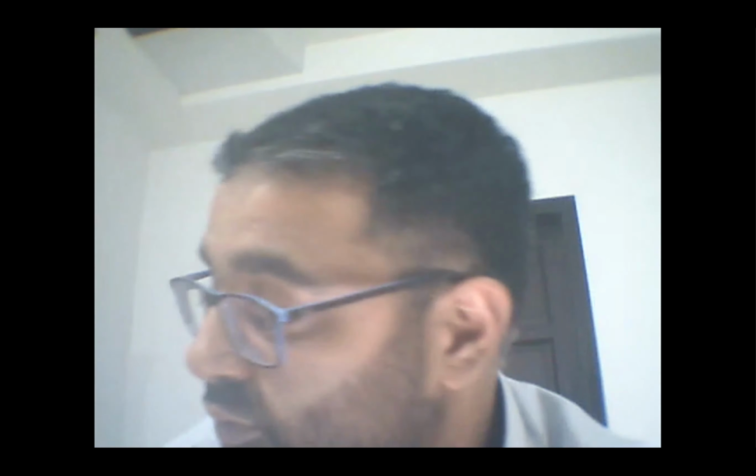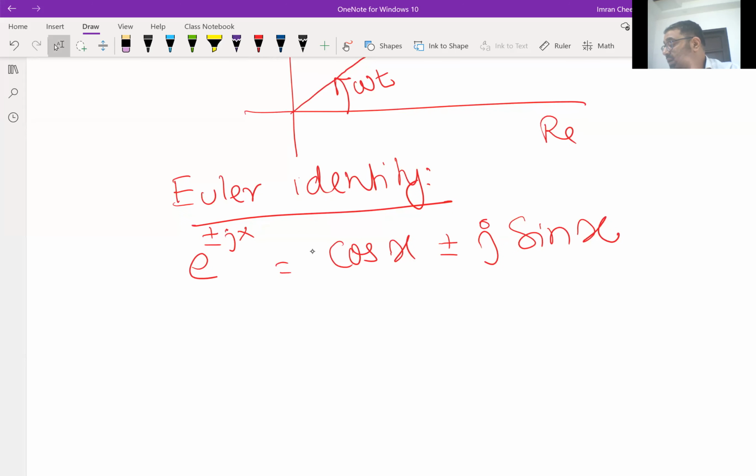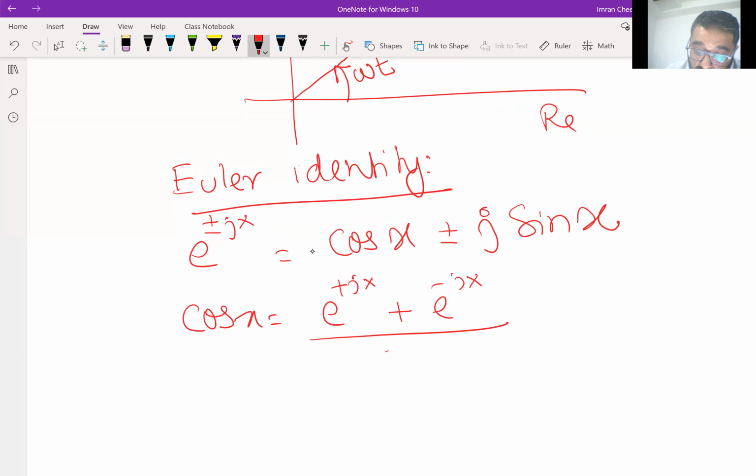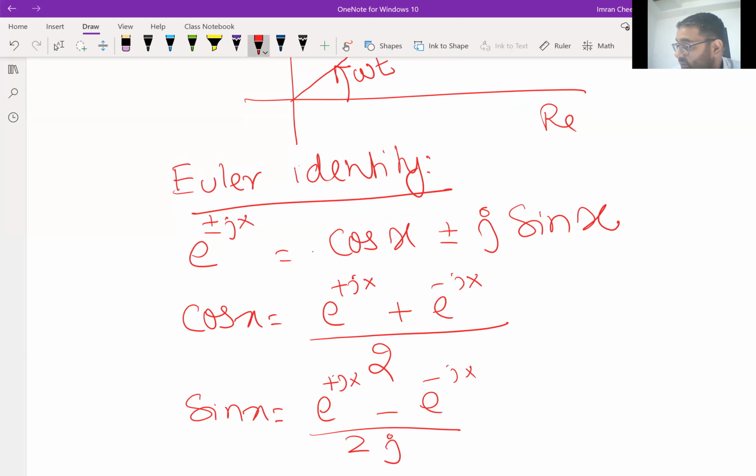So going back, we can also say that cos x is equal to e^(+jx) plus e^(-jx) over 2, and sin x is equal to e^(+jx) minus e^(-jx) over 2j. ठीक हो गया?